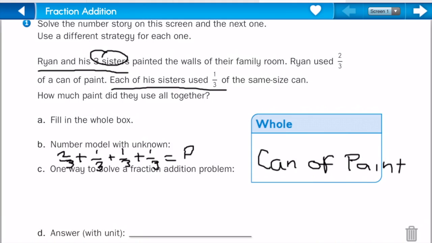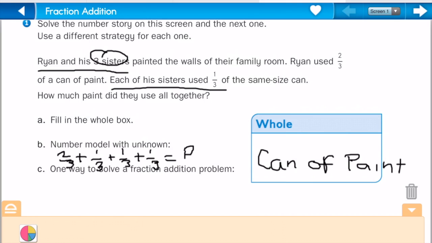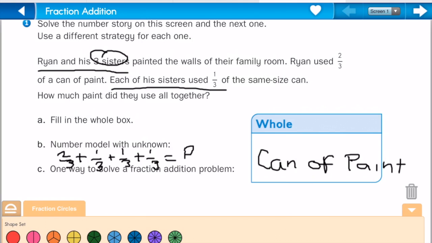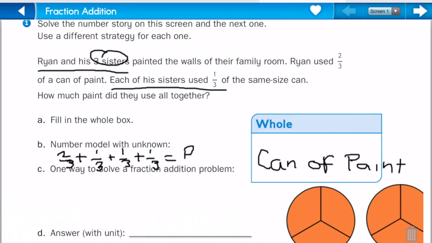So, let's think of one way to solve a fraction addition problem. What makes it easier to help me is I'm going to use my fraction circle pieces. So we are talking about thirds. I'm going to go ahead and get a couple out for us. So I know that Ryan used 2/3.